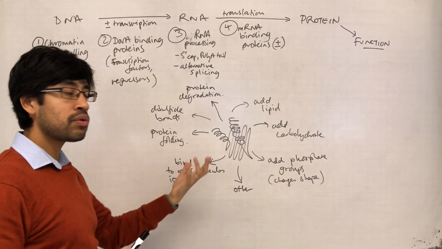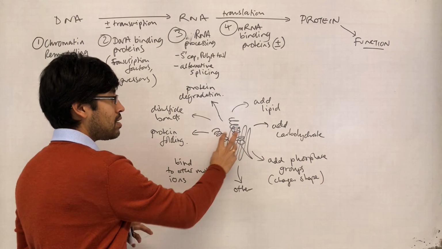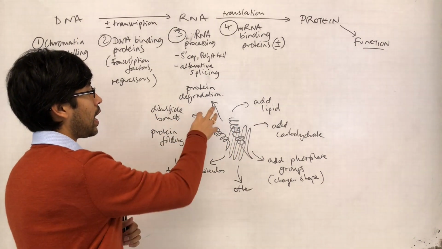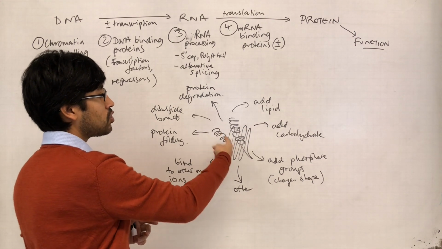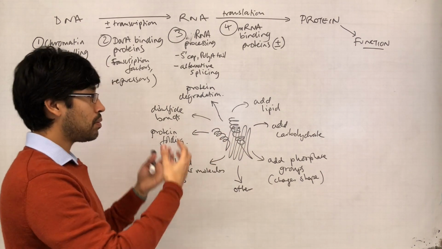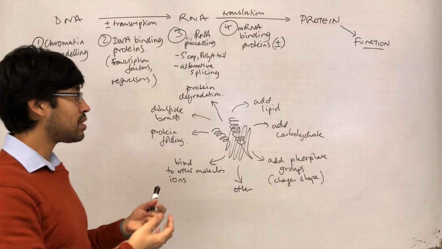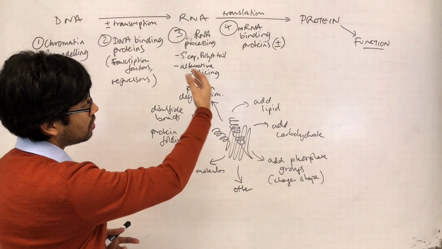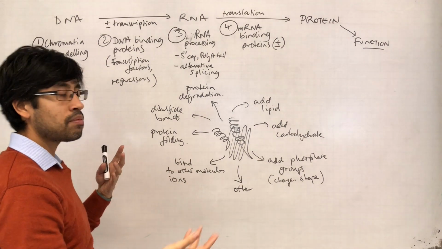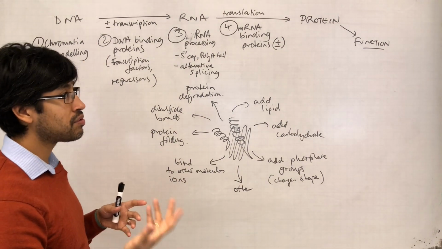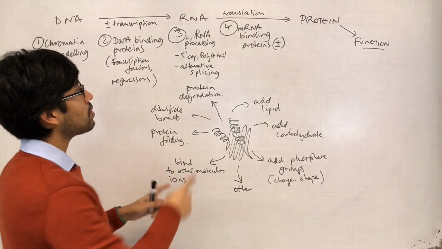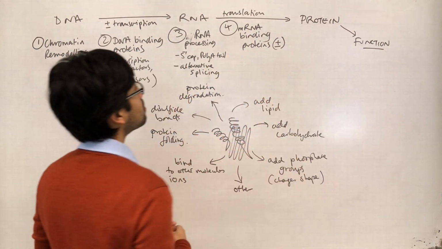And there are even processes in the cell that identify when a protein needs to be downregulated, and certain things will happen to ensure that those proteins are broken down back to their amino acids. I mean, amino acids have got to come from somewhere. Broken down back to their amino acids, so that maybe other proteins more useful to the cell can be made. Okay, so all these things happen to the protein once it's been made.